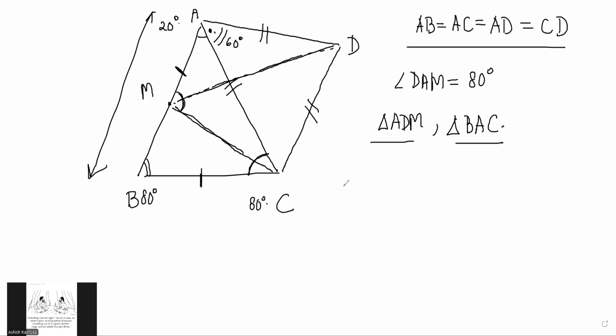DAM is 80 degree for sure. We are missing something. AB is equal to AC is given. AM is equal to BC is given. So then, I have to look at a different triangle, I think.